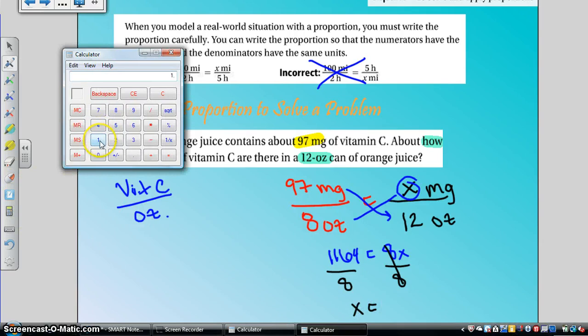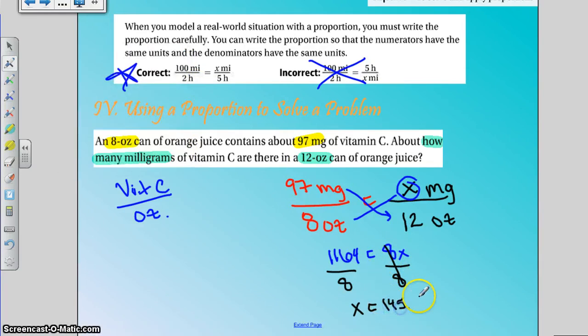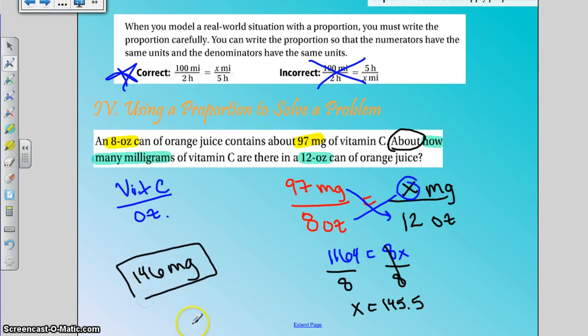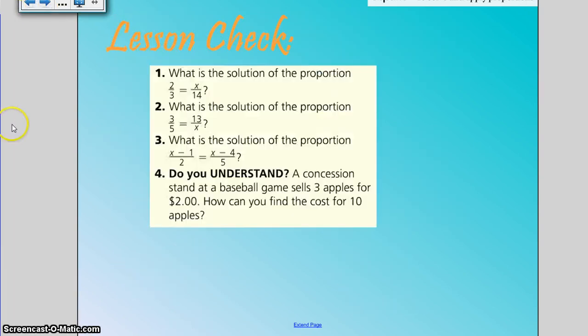Then I have 1,164 divided by 8. So 145.5. So going back here, it says about how many milligrams of vitamin C. In this case, you would round up, so it's about 146 milligrams. Don't forget that label if it's a story problem.